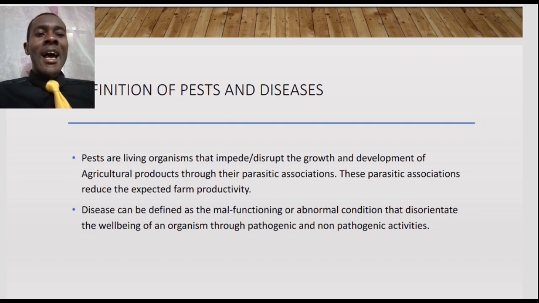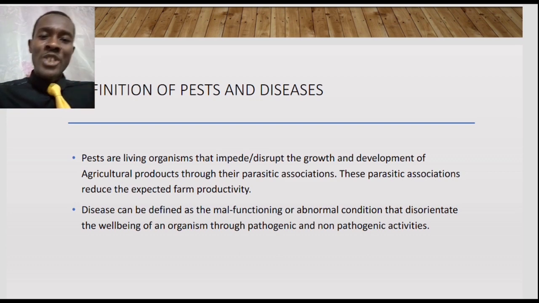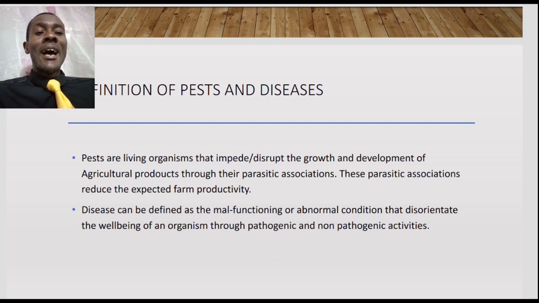Well, the other side of it that says non-pathogenic activities, it can be genetic. There are some diseases and disorders that happen in living organisms that are not pathogenic caused, but they are caused by genetic transmission. Of course, in human beings you have things like sickle cell anemia, which is a genetic disease, and so many other diseases that are genetic oriented.